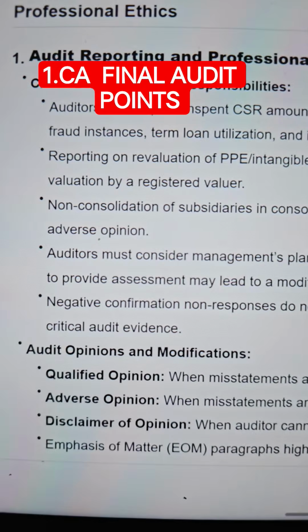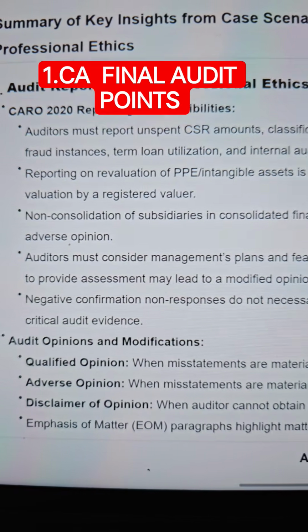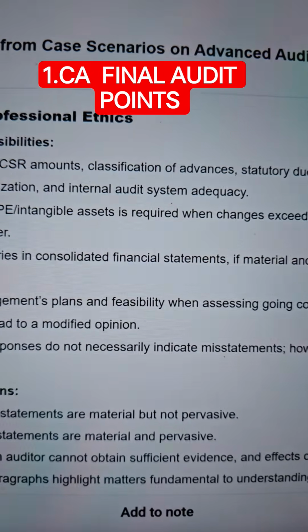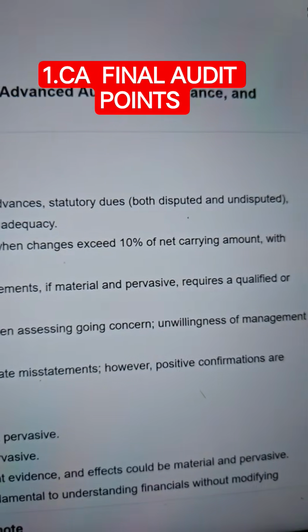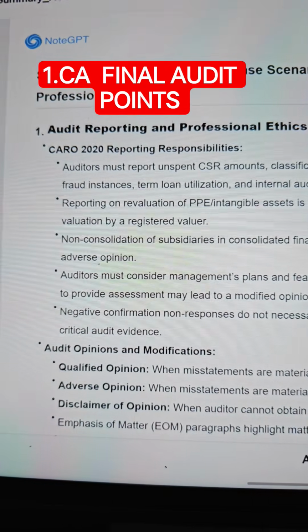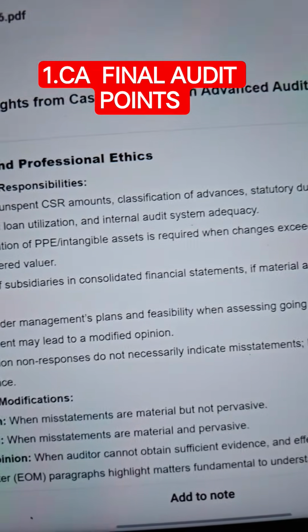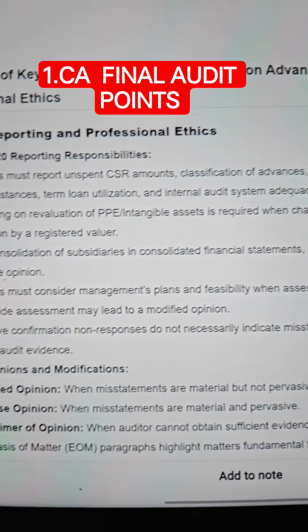First of all, what are the major reporting requirements under the CARO? The auditor must report the unspent CSR amount, the classification of advances and statutory dues, whether disputed or undisputed, fraud cases also, term loan utilization, and internal financial controls system adequacy to be reported.